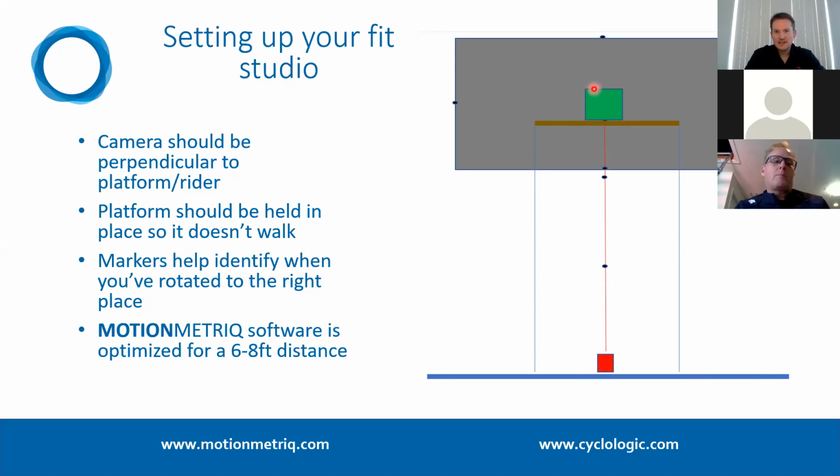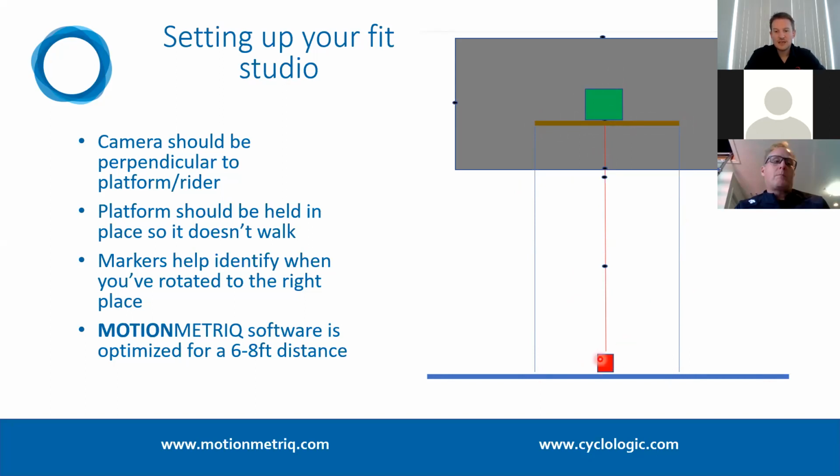There's a box underneath the rotating platform, and we place a set square or a level tool, or any kind of straight edge would work for this purpose. Then you can measure from the straight edge to the wall and make sure that those two are the same, and then you know that you're square to the wall.